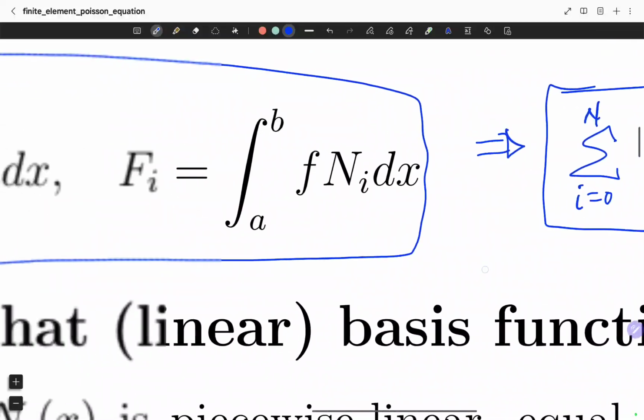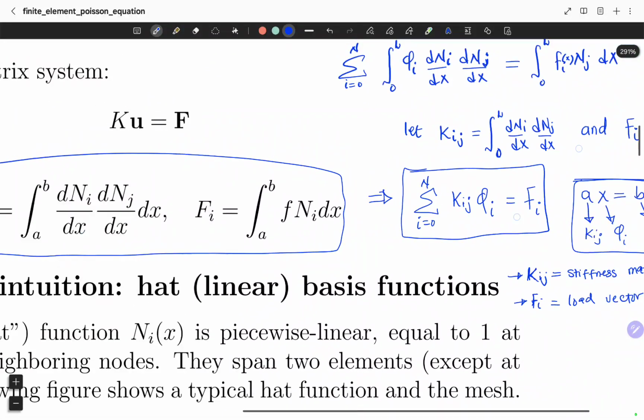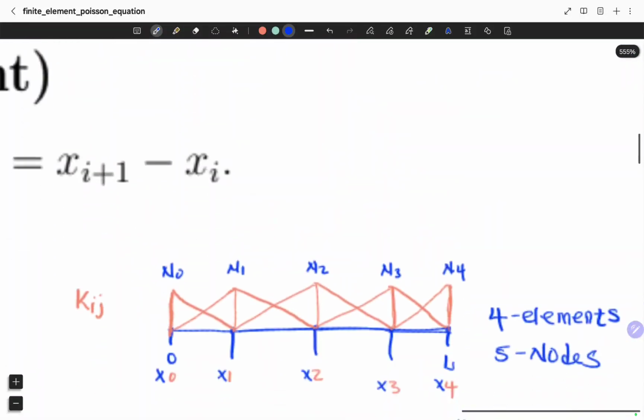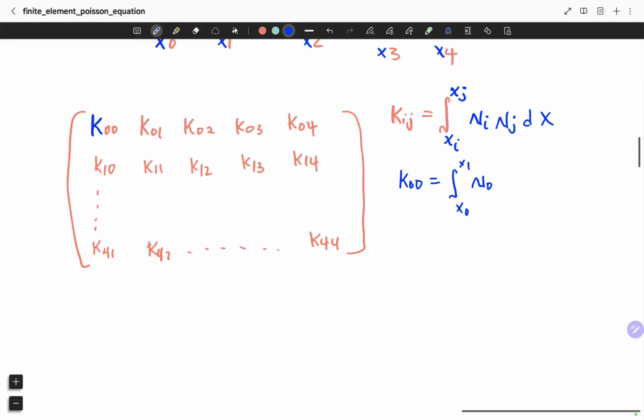I'm going to write n prime here instead of writing the n by dx. So let's make it n prime. So it's n0 prime, n0 prime dx, k01. You know what it means.